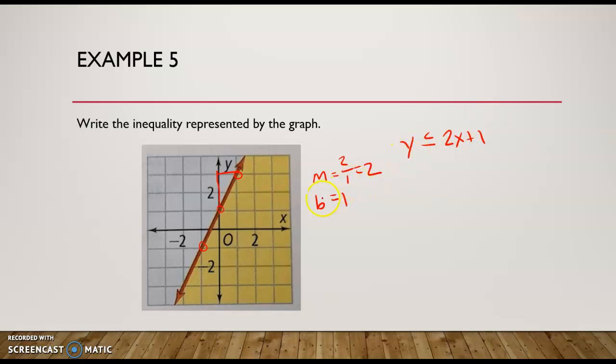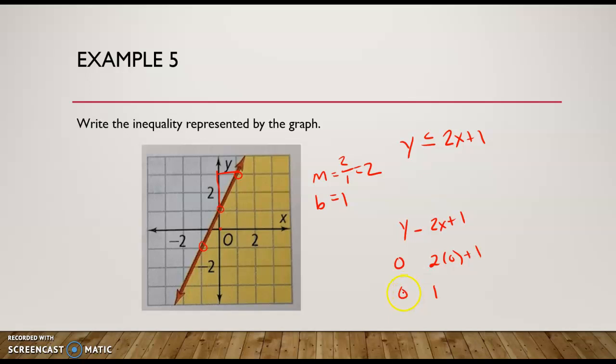And if you're ever where you're like, I'm not sure which, is it less than, is it greater than, pick a point that is in the shaded region. So like 0, 0 is in the shaded region. And so if I didn't know which one, and I was sitting there going, oh, well, I know it's equal to 2x plus 1, then I could plug in 0 and 0 and say, okay, I need this to be true.